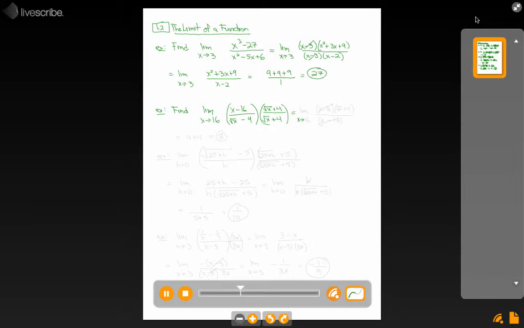So on the top, I won't even bother trying to multiply that out. I'll just say that it's going to be (x minus 16) times (the square root of x plus 4). And you'll see why I did that in a second, because the bottom here, root x times root x is x, and this will be a difference of squares, so minus 16.